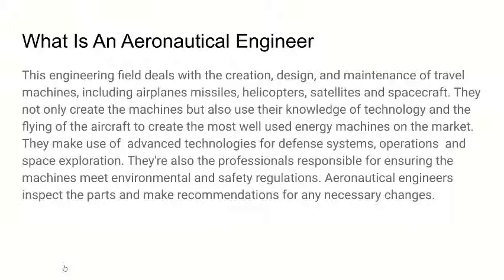They make use of advanced technologies for defense systems, operations, and space exploration. They also are the professionals responsible for ensuring the machines meet the environmental and safety regulations. Aeronautical engineers also inspect the parts and make recommendations for any necessary changes.